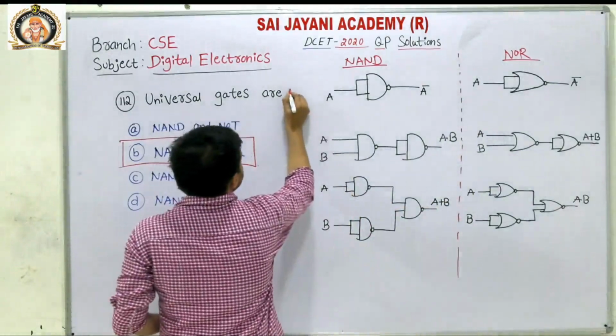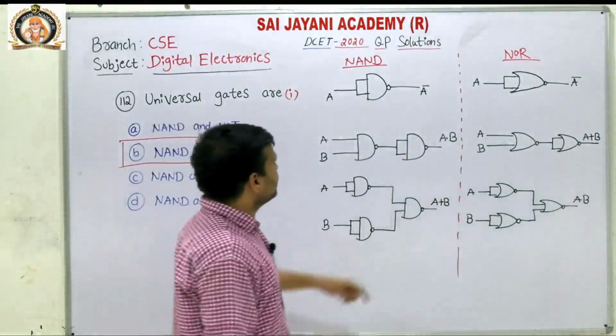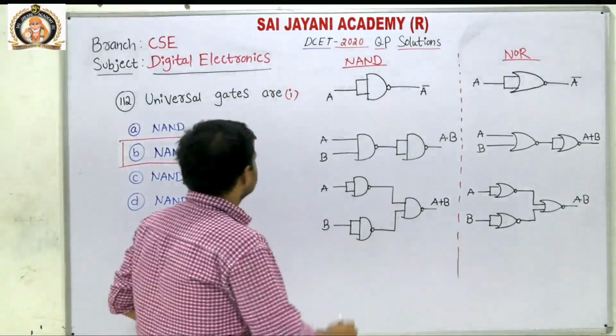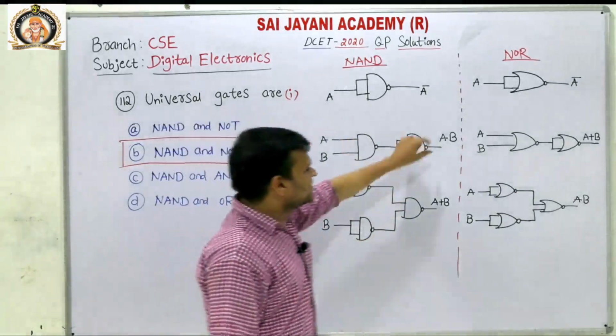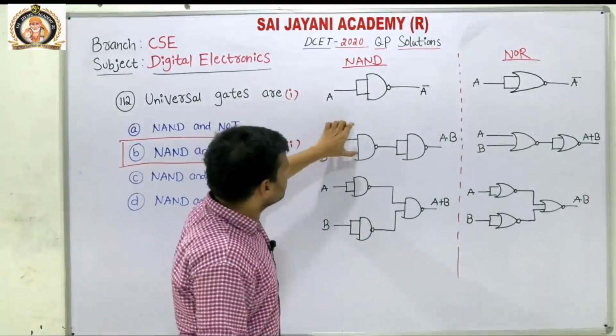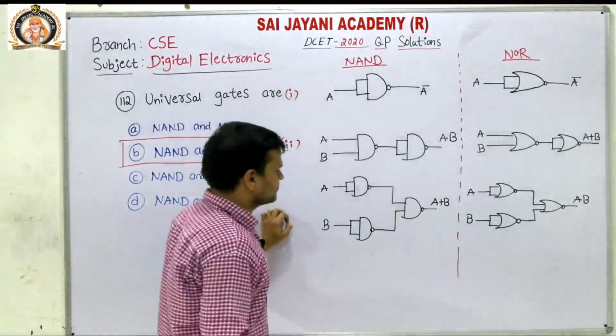Here in first case, NOT function is implemented by just connecting a single input NAND gate. Similarly, in second case, AND function is implemented by connecting a two input NAND gate to the single input NAND gate.